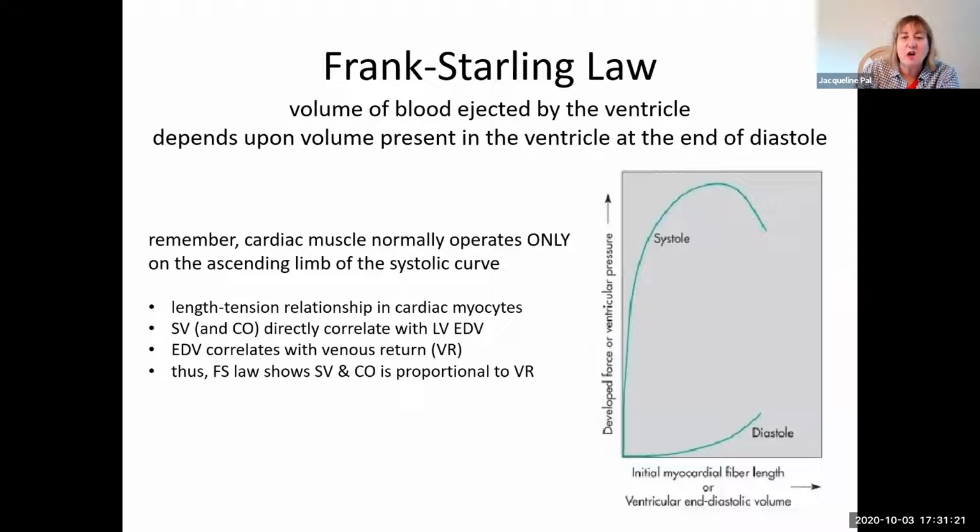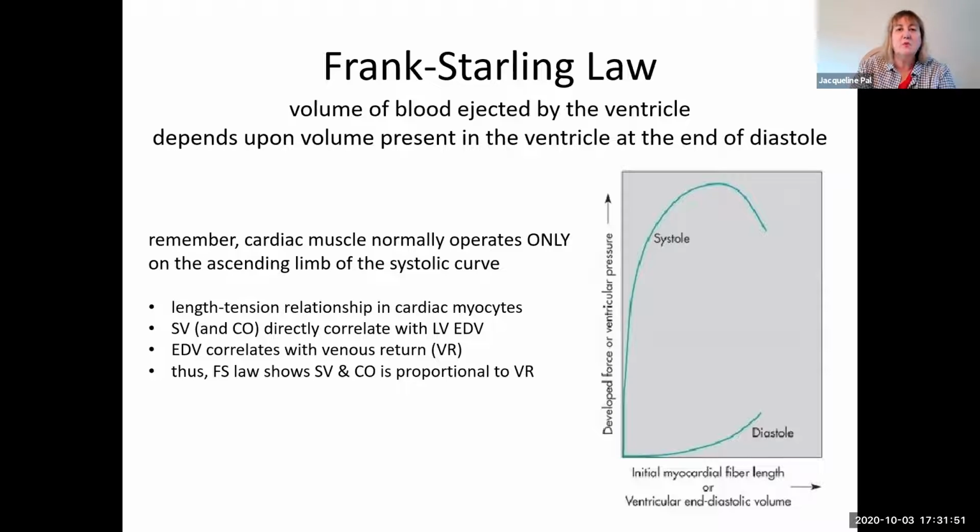If we remember that cardiac muscle operates usually only on the ascending limb of the systolic curve, then we can see that there is a relationship between the length and the tension generated in the cardiac muscle cells, and that our stroke volume, and later something we'll know as cardiac output, directly correlate with the left ventricular end diastolic volume.